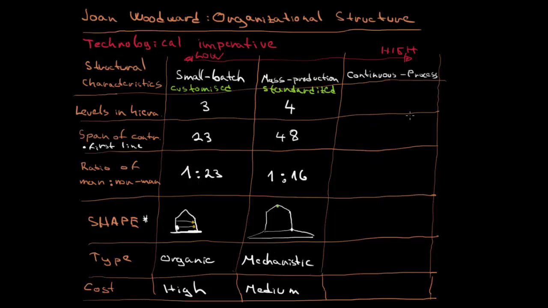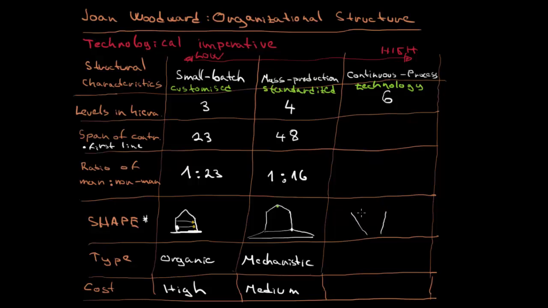Now we can move to continuous process. There are going to be 6 levels in the hierarchy. And why is it so? Well, we have got great technology. So we don't need that many employees as we have had here. So we can start drawing the shape, and it will look a little bit this way.